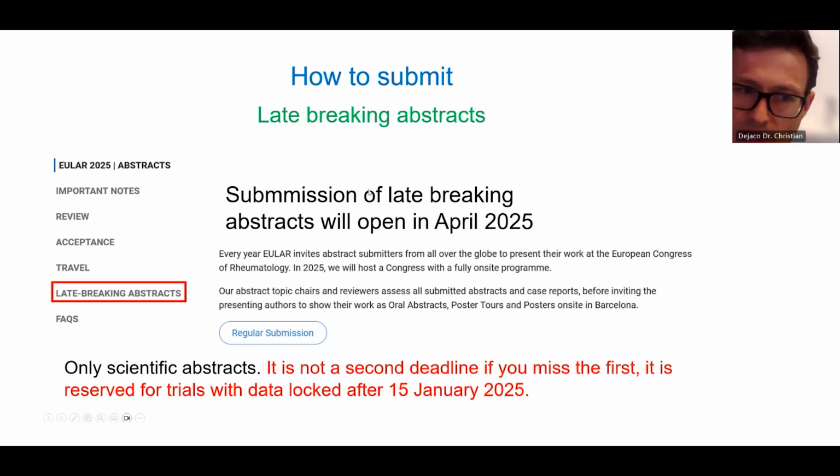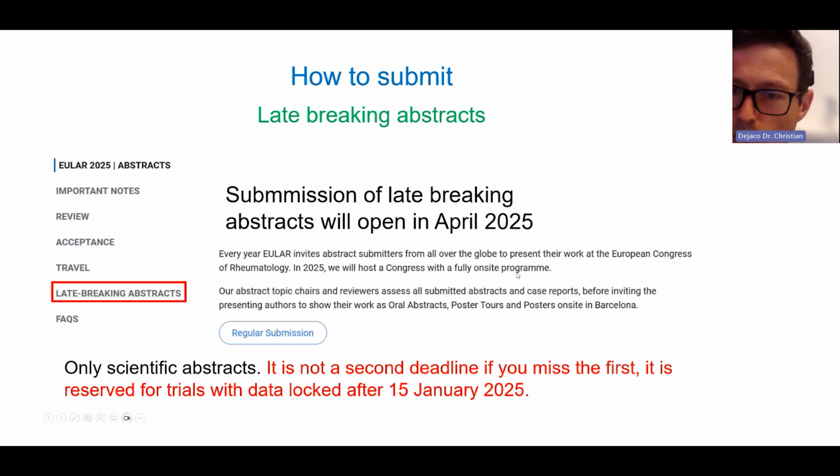However, the late-breaking abstracts are really meant for those studies, especially trials, which have not had the data lock before the 15th of January. So it's not a second chance if you missed submitting by the regular deadline.